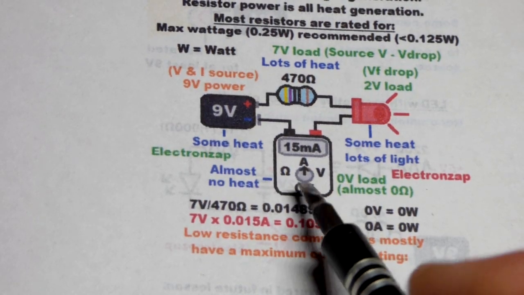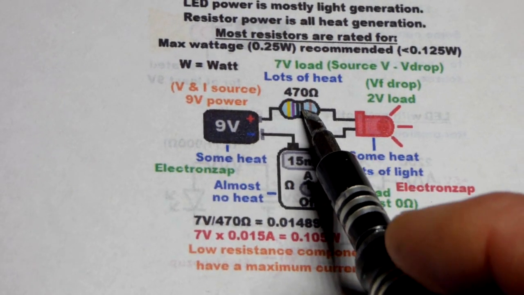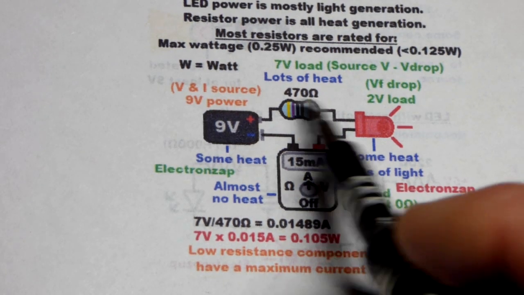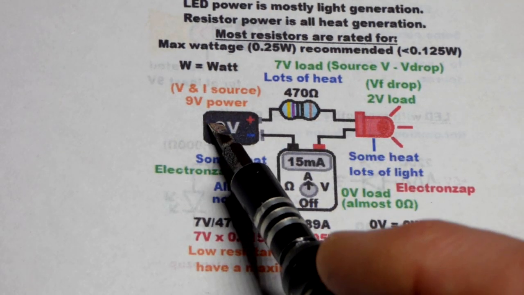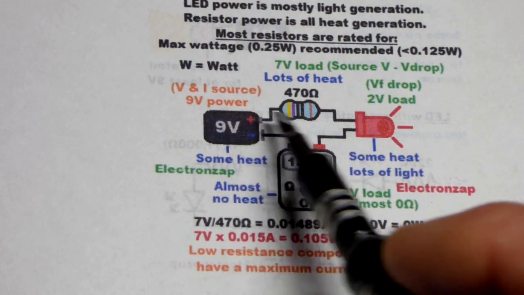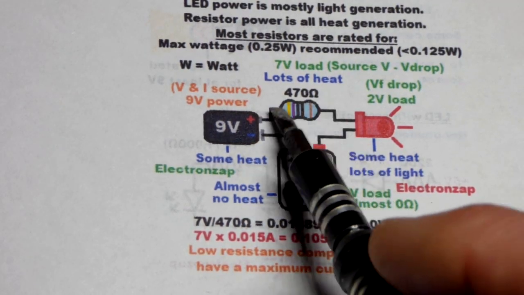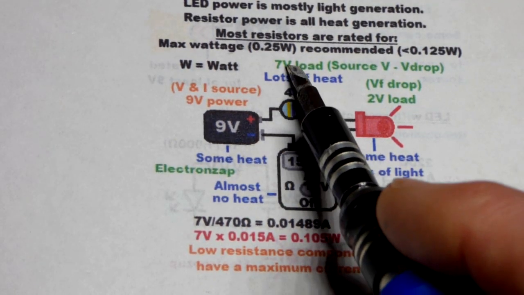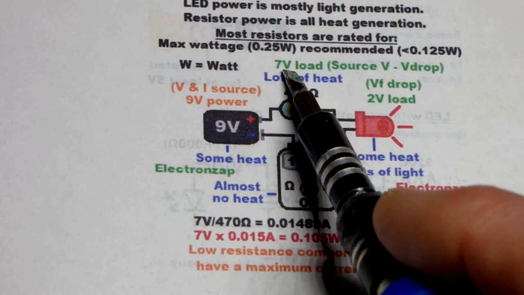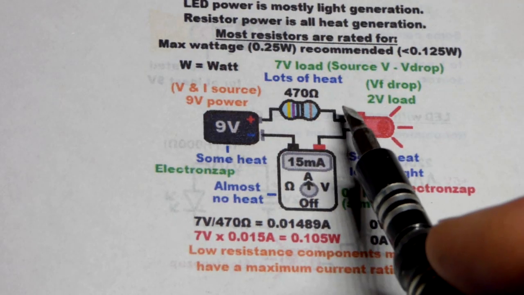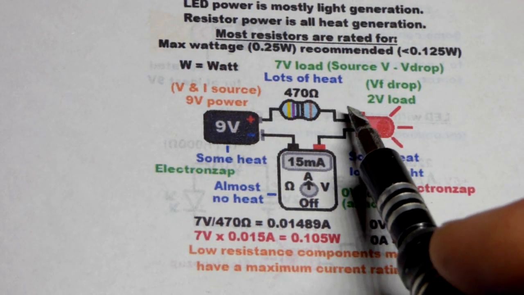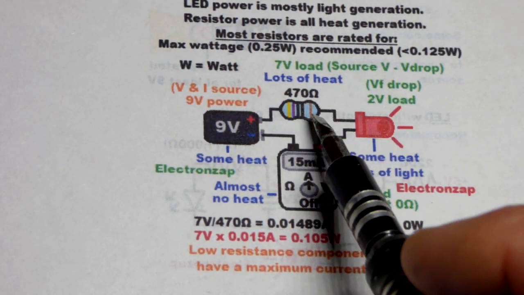As I said before, we got the resistor there, and the voltage that the red LED doesn't drop versus the supply voltage right there goes across the resistor. Whatever resistance you got is going to take up some of that 7 volts that we're dealing with right here. So as I said before, if I had another 470 ohm resistor in series, each one would have 3.5 volts.